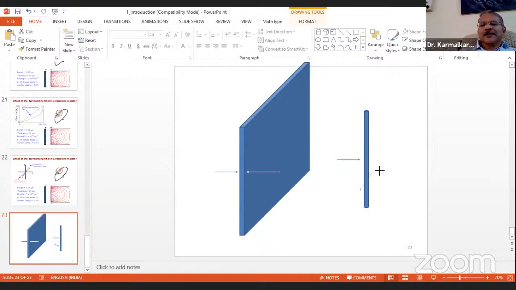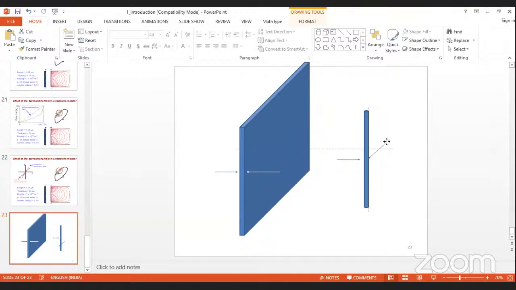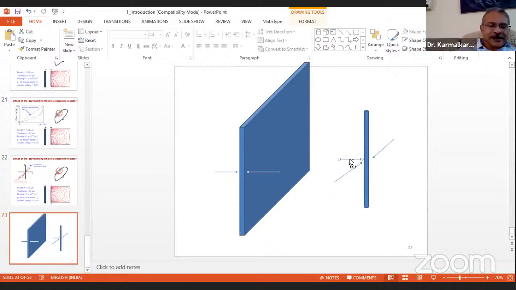So this direction also, its movement is restricted like this.